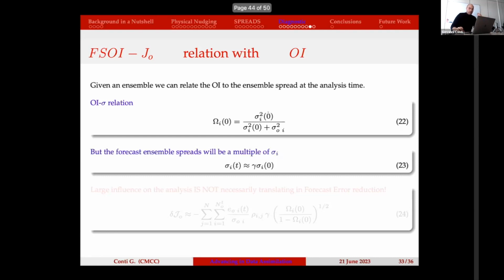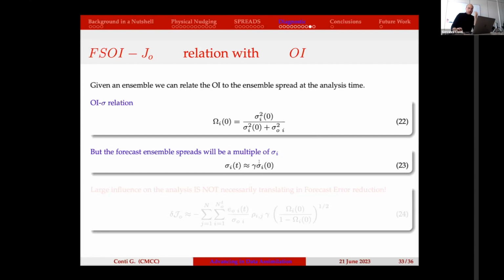How? The forecast spread will be proportional to the initial spread, because it will increase exponentially, using a Lyapunov exponent of the system in some way, right? So it will be proportional. For sure, for every type of observation, we will have a different constant, but that doesn't change the rationale behind it.